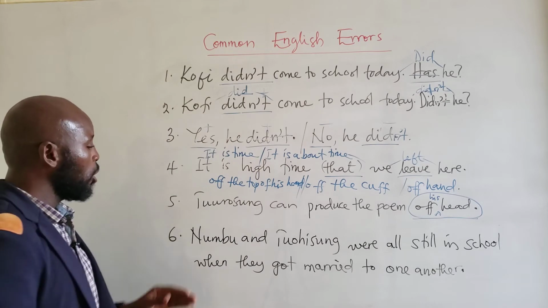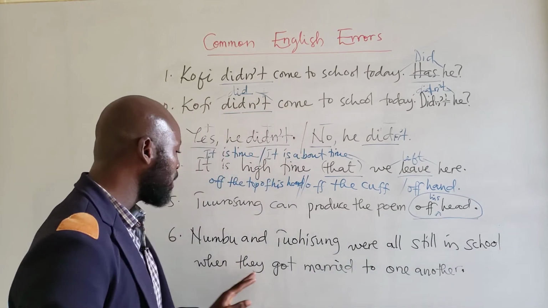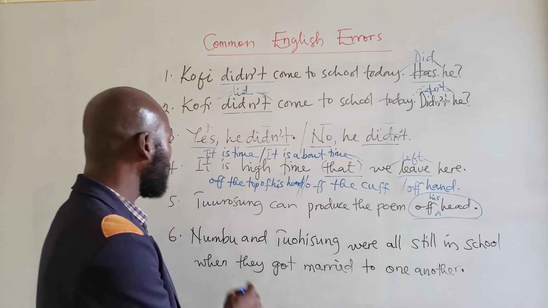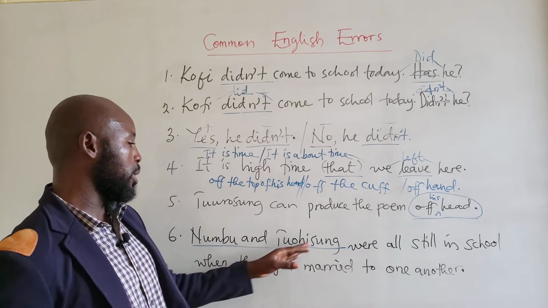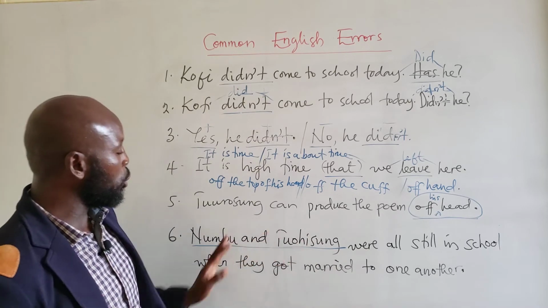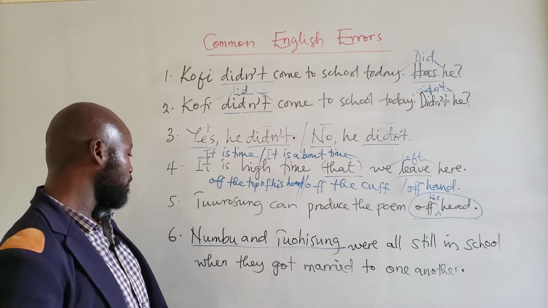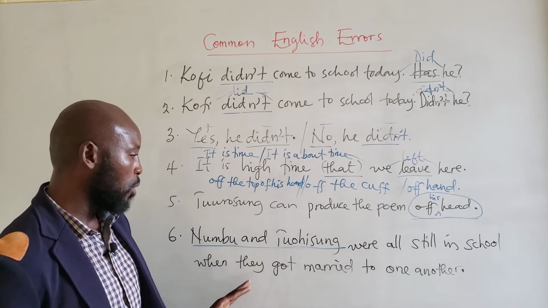The sixth one. "Numbo and Tuhosung were all still in school when they got married to one another." Numbo and Tuhosung is the subject of the sentence, and it contains two nouns. That is plural, so "were" goes with this, and in the past. Correct.